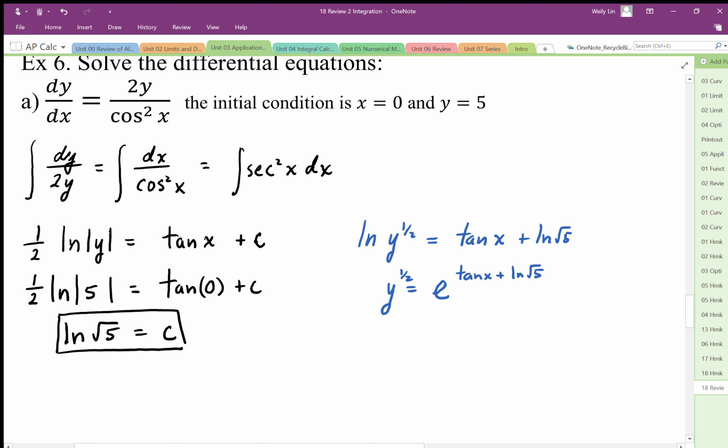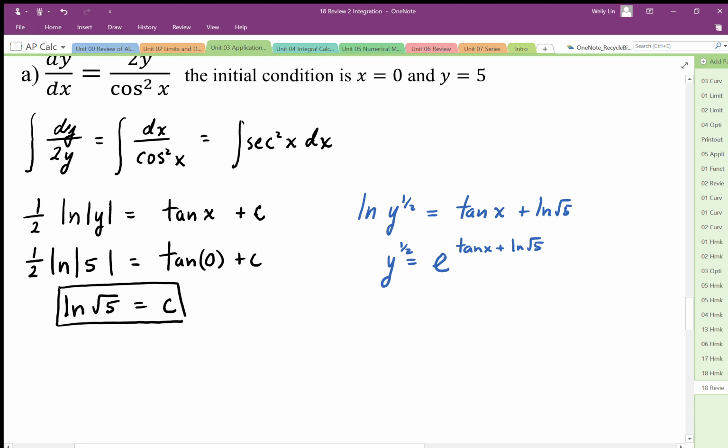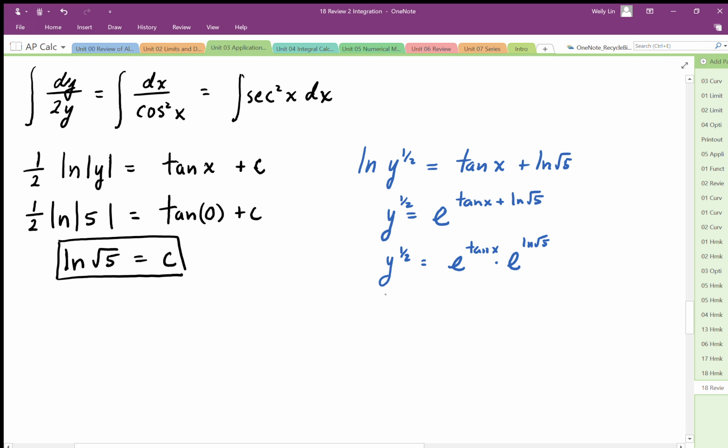Now, because this is going to end up being a coefficient, I'll show you how that looks. This is e to the tan x, and this is times e to the log root 5. And then I can just use my identity to make that equal to root 5, and that becomes the coefficient on that e function.